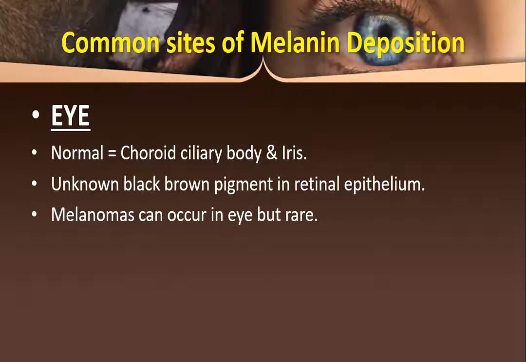If you don't know the anatomy of the eye, then go first and study and revise it, because choroid, ciliary body, and iris are parts of the eye. In the retinal epithelium, another unknown pigment is also present, slightly different from melanin, but we cannot say melanin is actually present in the retinal epithelium. Melanomas can occur in the eye, but it is rare. This means pathological melanin deposition can also occur in the eye, but it is rare.